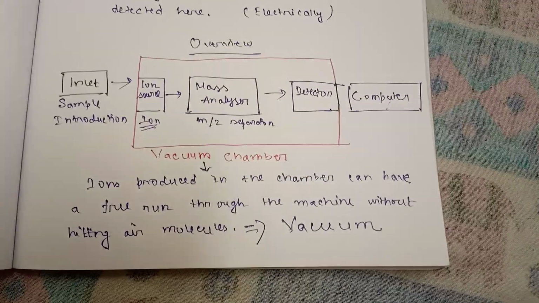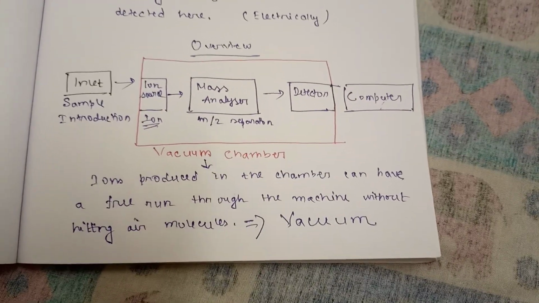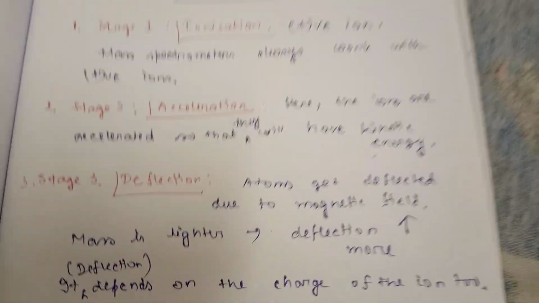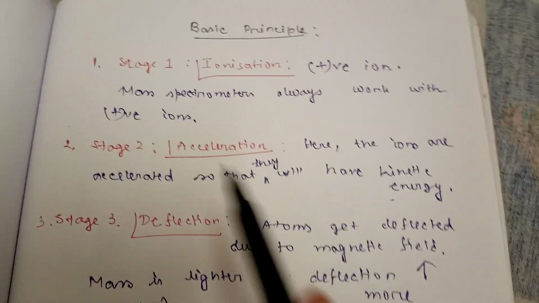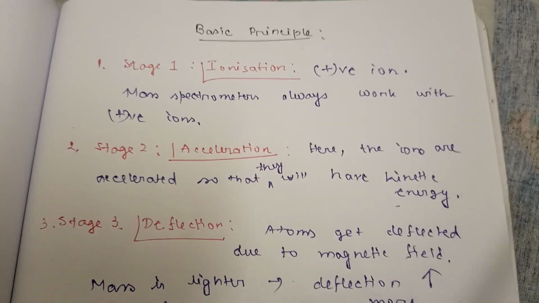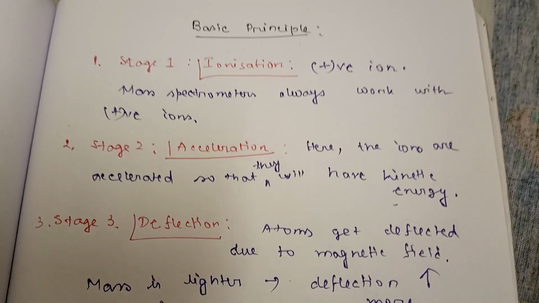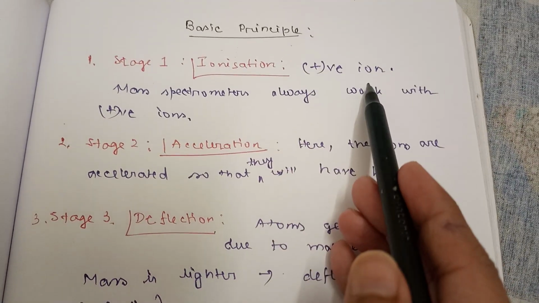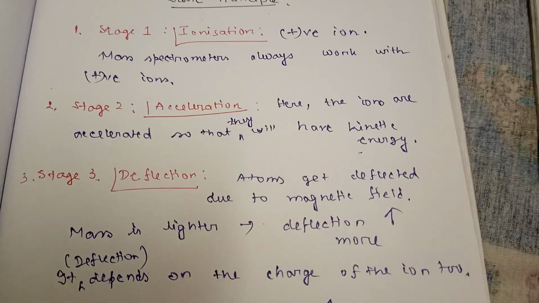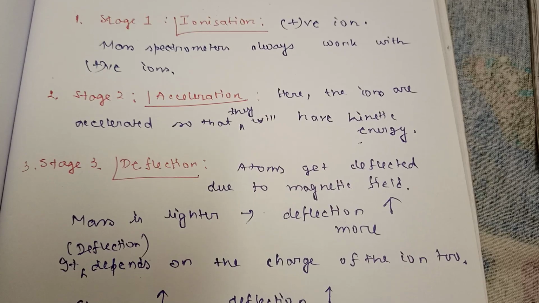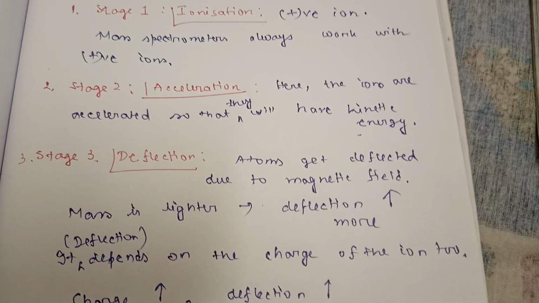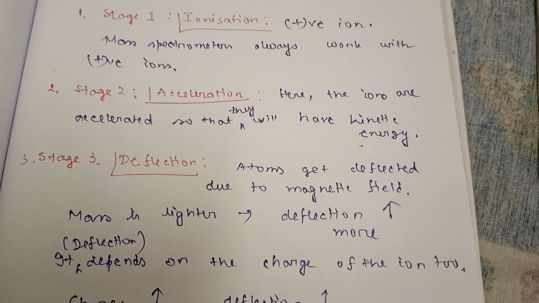So this is just the basics of mass spectrometry, how it happens and what it is. So first stage is ionization. Here the vaporized sample passes into the ionization chamber and it will create positive ions, right? Then it's acceleration. What happens here, the positive ions are repelled away from the very positive ionization chamber.